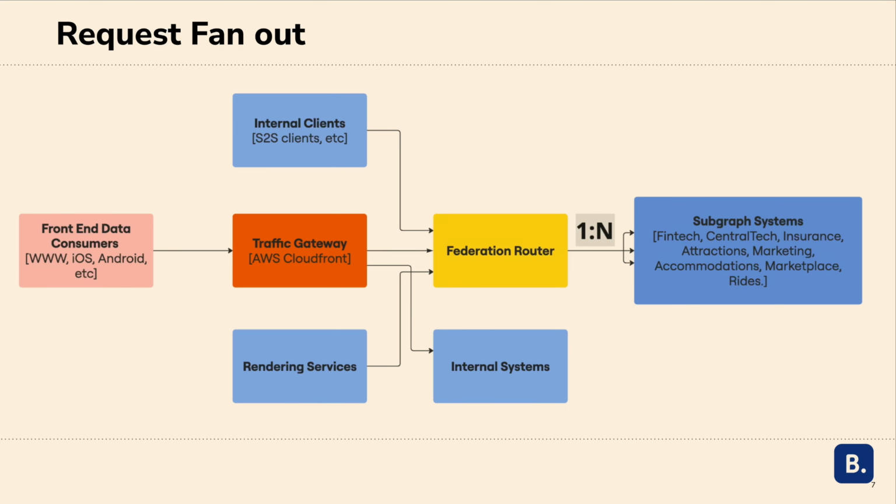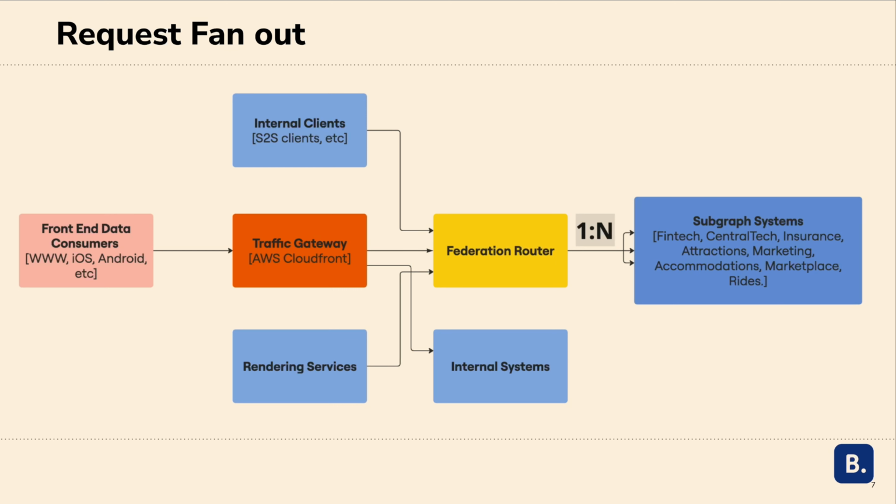But it also made us face a unique challenge, which is that one GraphQL query, after query planning happens in the federation router, will become multiple sub-requests, sub-queries going to the backend system, which is the subgraph services.